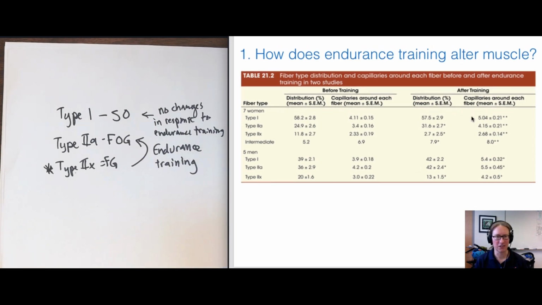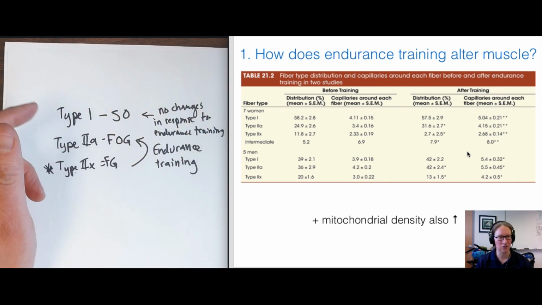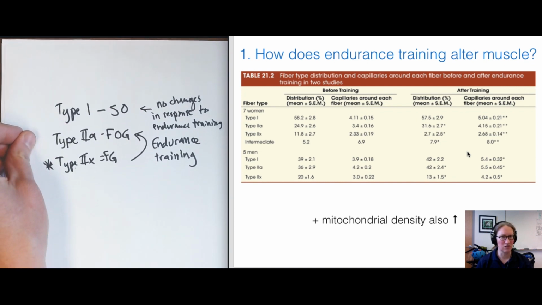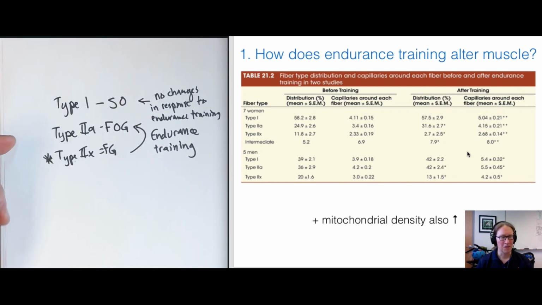You also notice there's an increase in capillary density around all of the fiber types after training. And along with this, across muscle fiber types, you'll also observe an increase in mitochondrial density. So generally speaking, although these are categorized based on the major method that's used to generate ATP, they can all engage in some degree of aerobic metabolism.